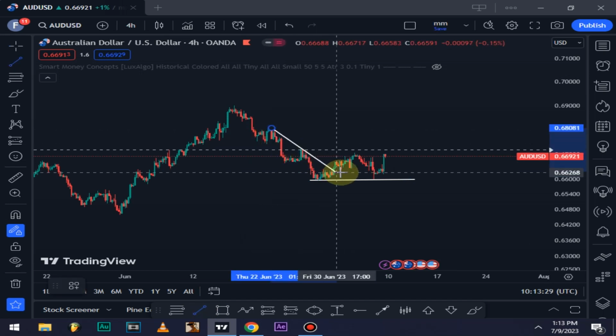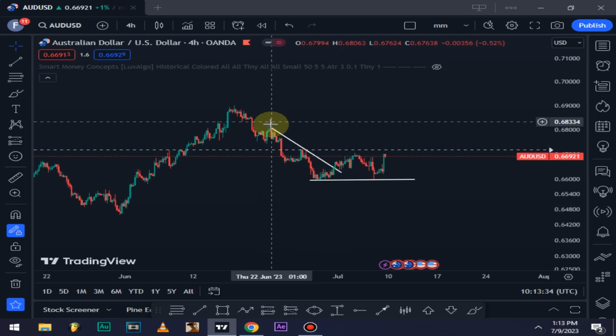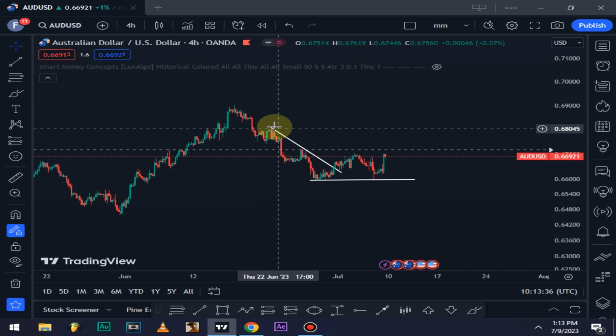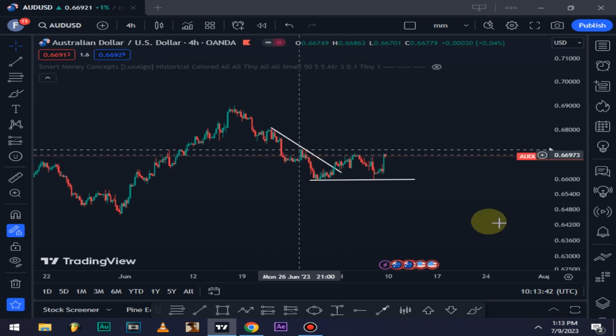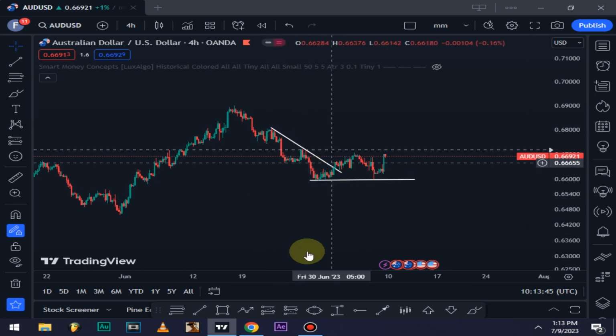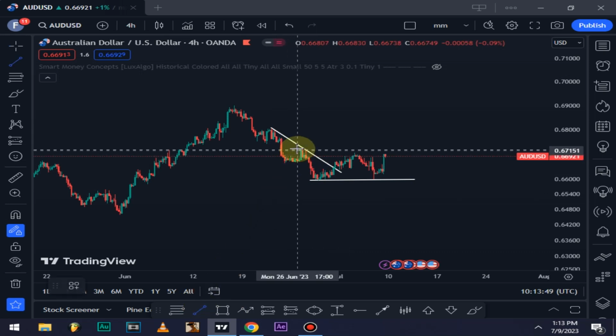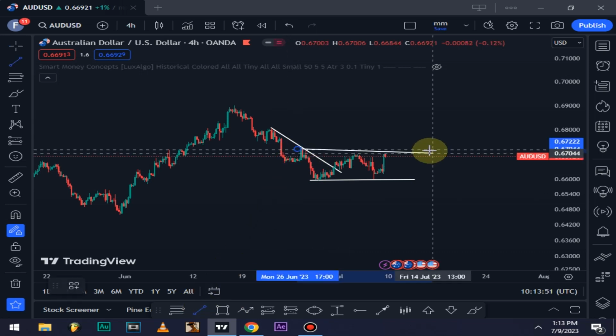You have to draw your trend lines from the previous V, either a V or an inverted V. So this is the first, second, now the third. You can see price broke that zone, but there's also a certain zone over here that you need to look out for.